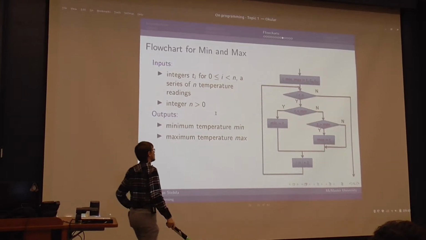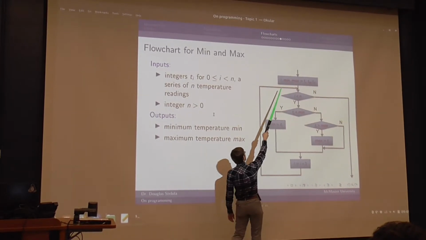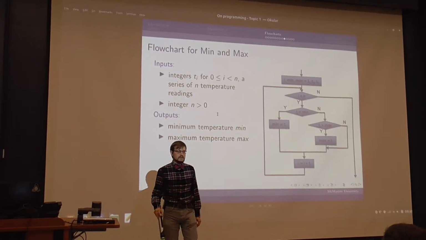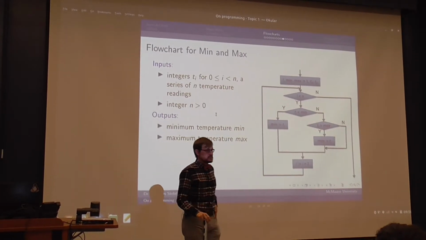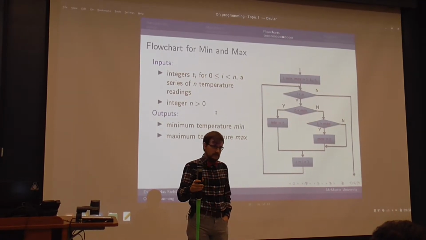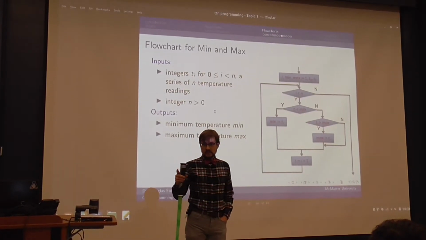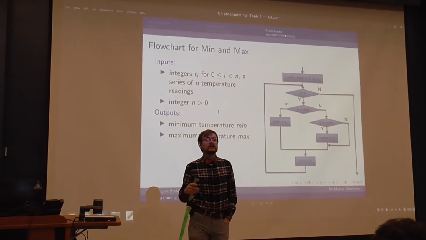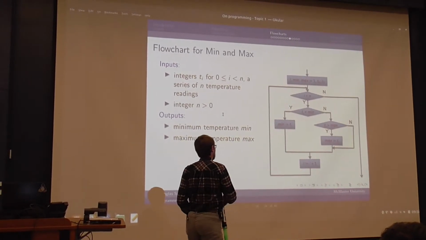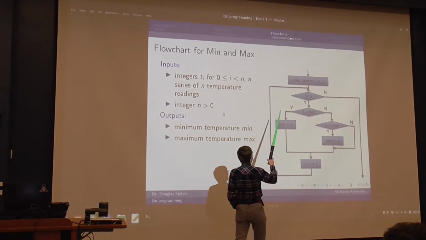So, essentially, we set the data up here at the beginning. We set the initial values of maximum and minimum to the first element received, the first temperature reading received, because if you only ever receive one temperature reading, it is both the maximum and the minimum, so that's correct. We also set a variable i.